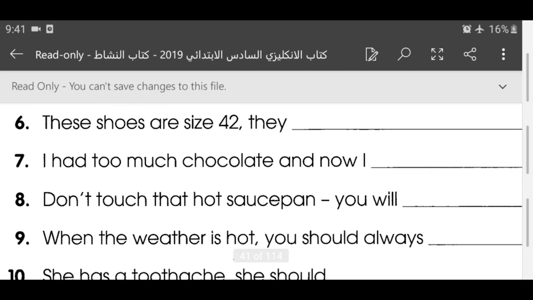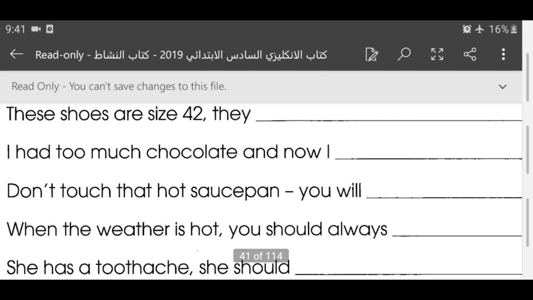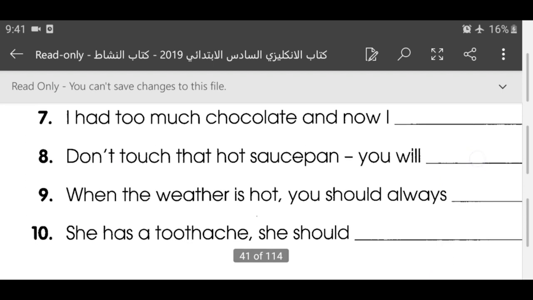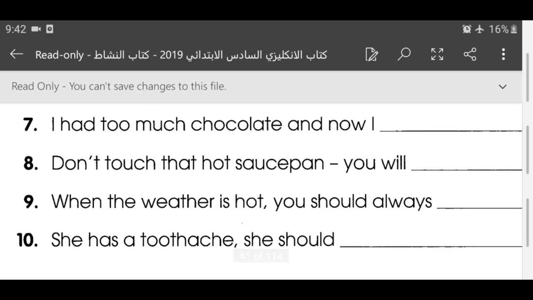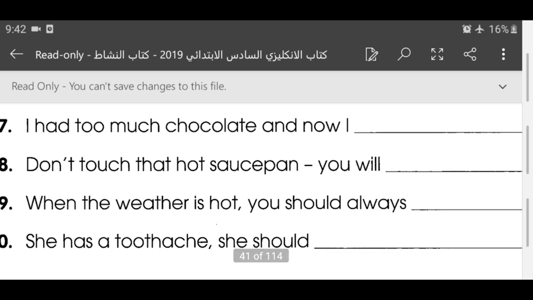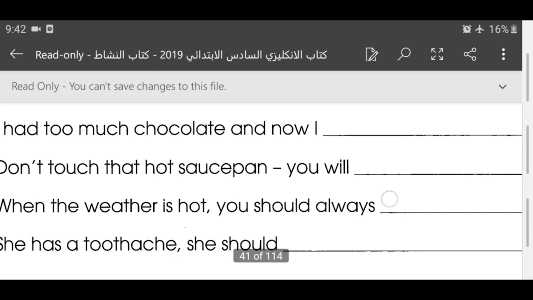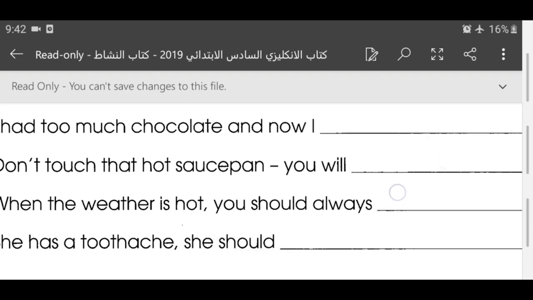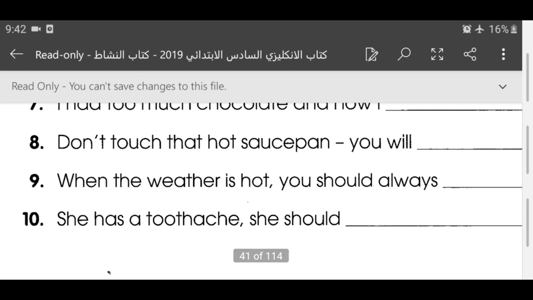Number 7. I had too much chocolate and now I eat too many sweets. And now we have number 8. Don't touch that hot saucepan. You will burn yourself. Number 9.